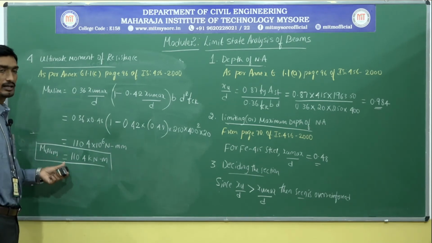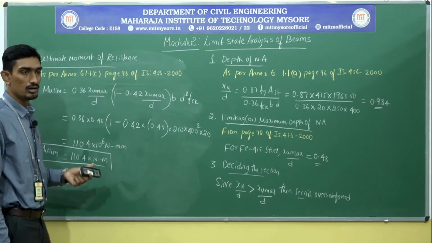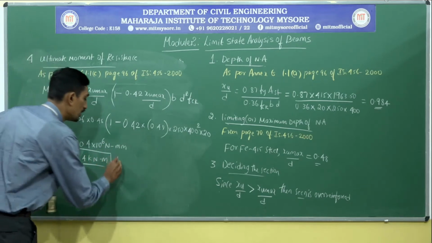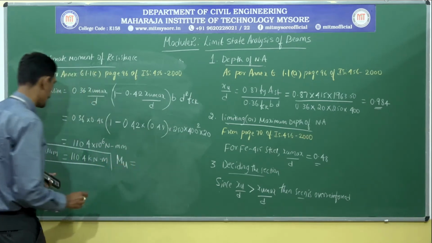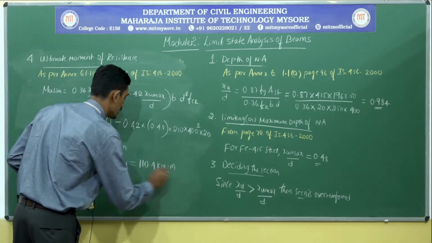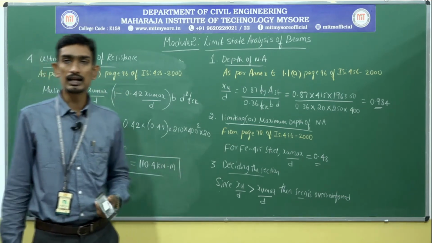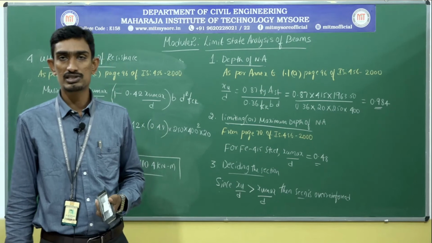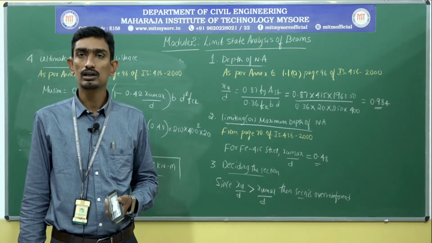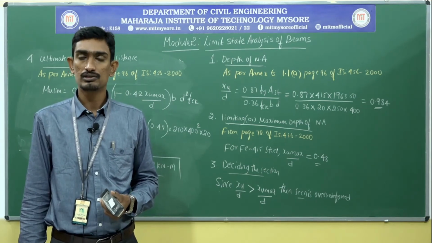As I have stated, since I am going to consider the limiting ultimate moment of resistance as equal to the ultimate moment of resistance, I can write Mu is equal to 110.4 kilonewton meter. So like this, we calculate the ultimate moment of resistance for an over reinforced singly reinforced beam. Is that clear?